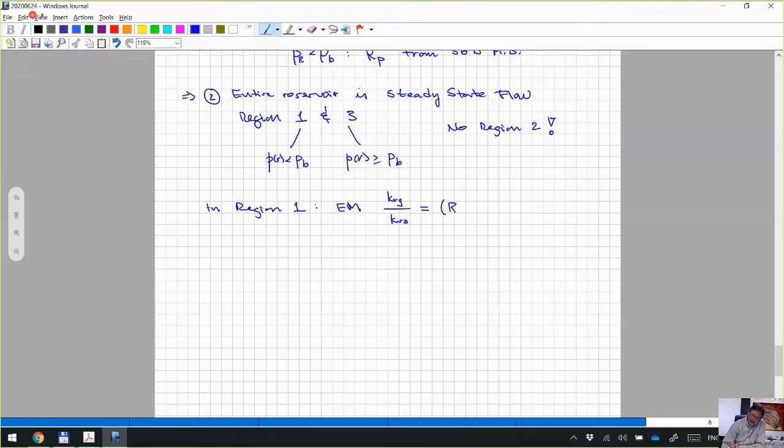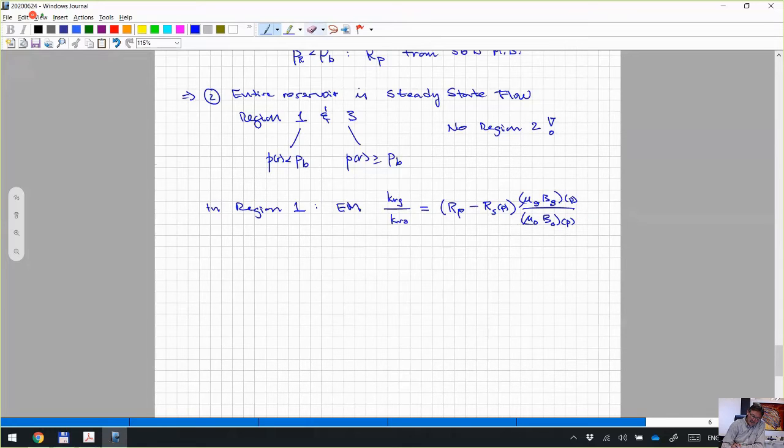I think this is the equation, RP minus RS, which is a function of pressure, mu O BO, which is a function of pressure, over, I'm sorry, this should be, G, over mu O BO, which is a function of pressure.